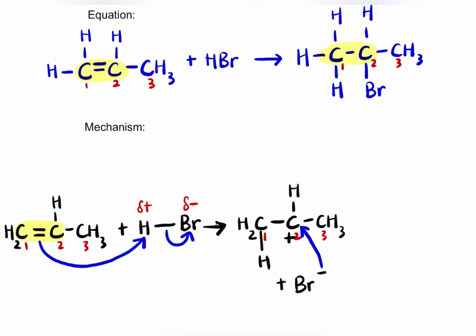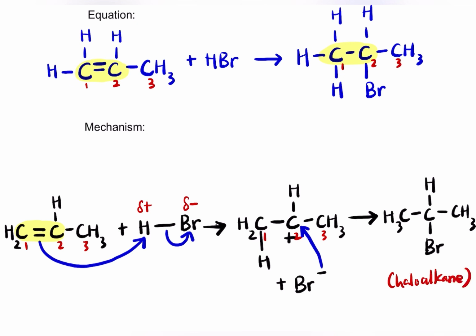In my reaction, I will form the haloalkane where I've got H3C with C, and I've got Br, and I've got CH3, and I've got H. So this is my haloalkane. And in my reaction, please don't forget, you have to put slow and fast. So this is going to be slow and this is going to be fast.